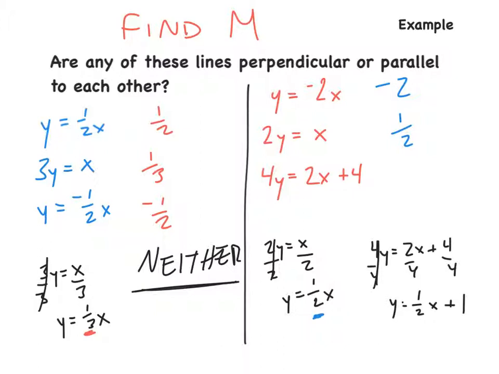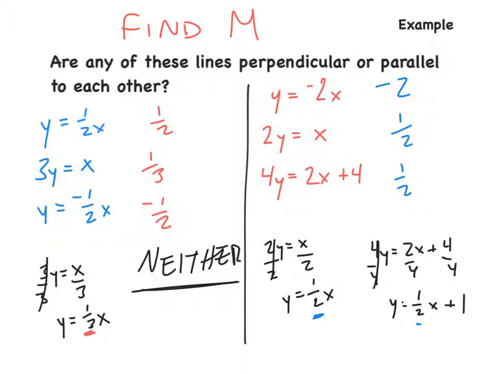The reason why I got 1/2 is basically just because I simplified it. I divided both the numerator and the denominator by 2. So we got 1/2. So the slope is 1/2. So let's look at this. Are any of these lines perpendicular? So perpendicular, do they have opposite reciprocals? So we have a -2, and then the reciprocal of -2 is 1/2, and the opposite part would be a positive.